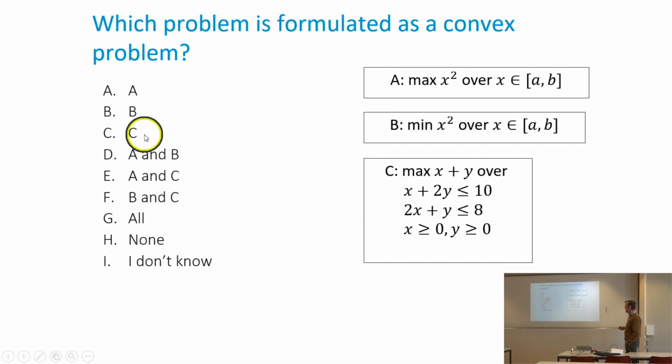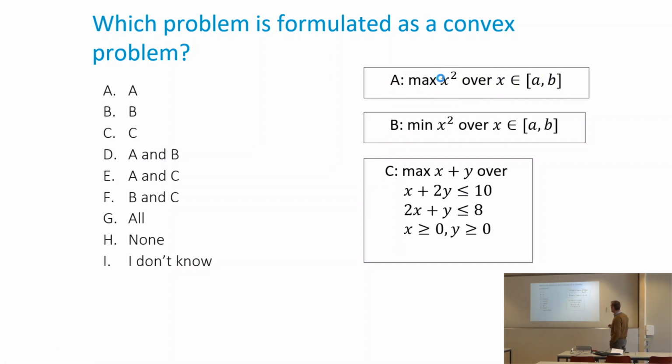Who votes for A and B? Thank you. Who votes for A and C? Who votes for B and C? Ha, we have a tie between B and C and B only. Who votes for all? None? Okay. Well, let's go through that.